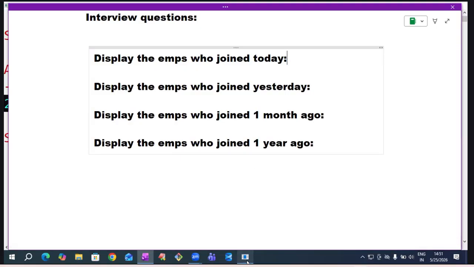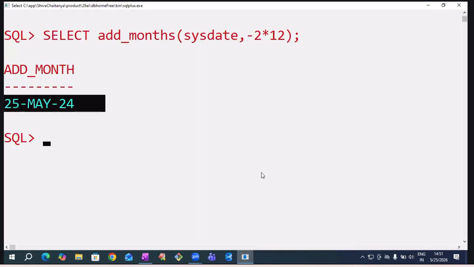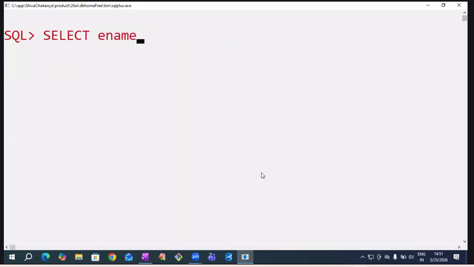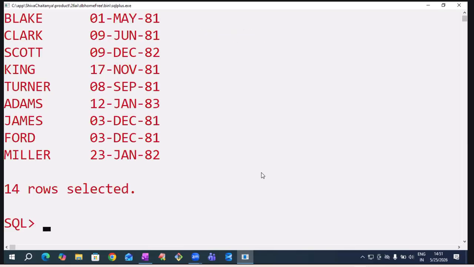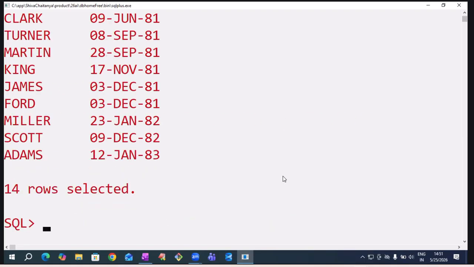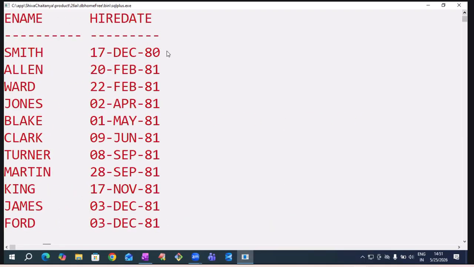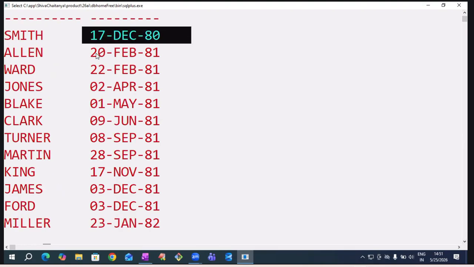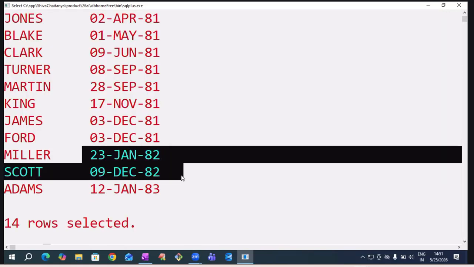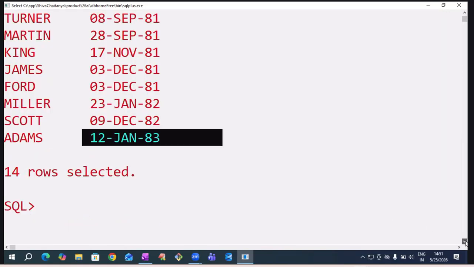Now, before writing these 4 queries, check our EMP table hire dates. See here, in our EMP table, I am arranging hire dates in ascending order. Some employees joined in 1980, some in 1981, some in 82, and one employee joined in 1983.